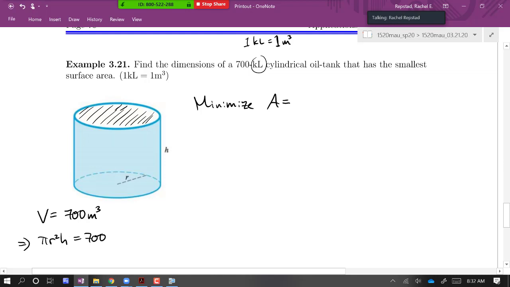What we need now, we want to minimize the surface area, so we need that function. And, ultimately, we want that function in terms of a single variable, but we're probably going to have both radius and height involved at first. So for the surface area, for starters, we have both the top and the bottom, and both of those are a circle of radius r. So that's 2 times pi r squared, right? That's for the top and the bottom.